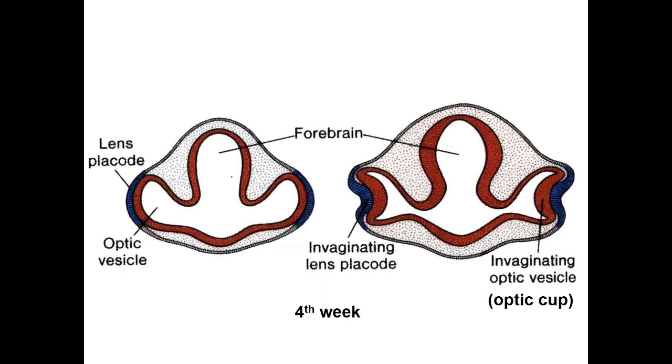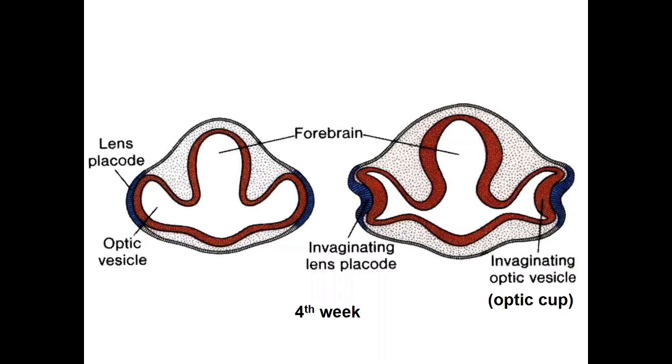So once again, we have a forebrain here, the cavity is inside, and these outpouchings are optic vesicles. They are getting closer and closer to the surface ectoderm. When they are close enough, the ectoderm on the surface will react, because something is touching the ectoderm.